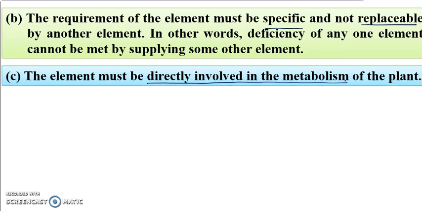So these are the three criteria of essentiality, and based on these criteria, you can identify what are the main essential elements that are required for the plant for its survival, growth and development, and what are the non-essential ones, which the plant can somehow manage even without them.